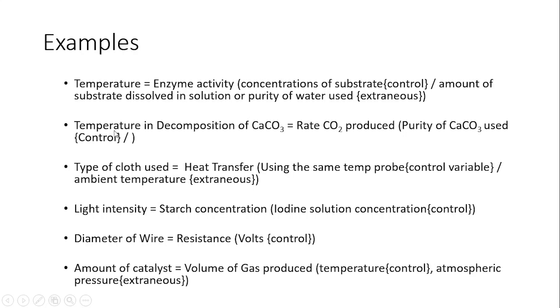In the second experiment, as a control variable, you would want to control the purity of your calcium carbonate. This would influence a lot of things, so you would want as pure a sample as possible for your calcium carbonate compound. In the third experiment, you would want to use your temperature probe, or the thing that you're measuring with, as ideally as possible.